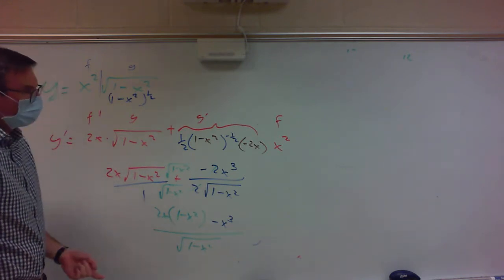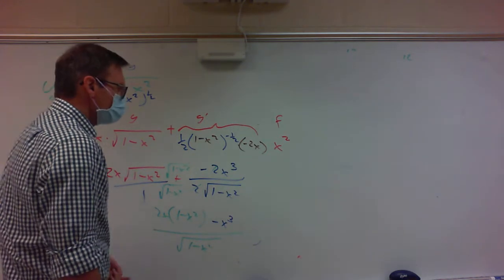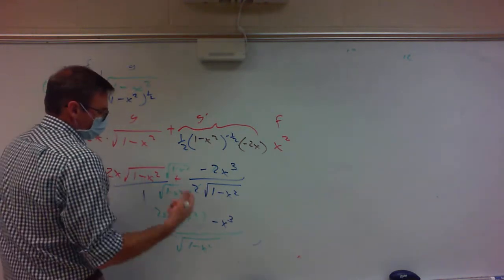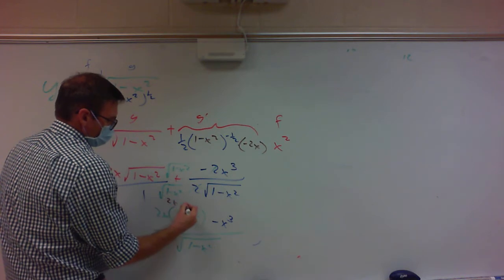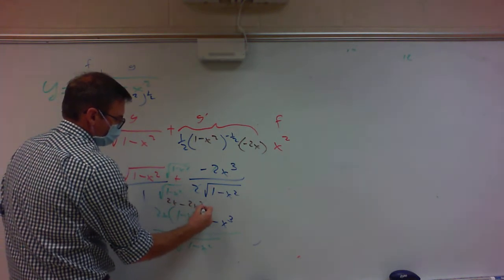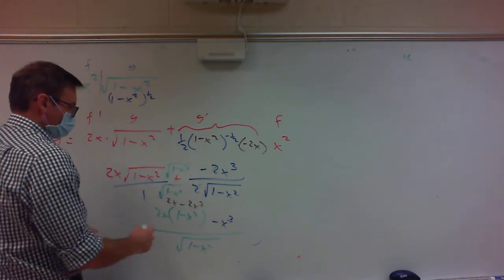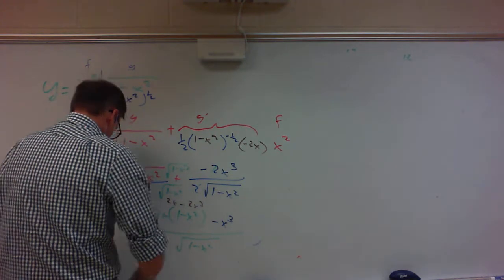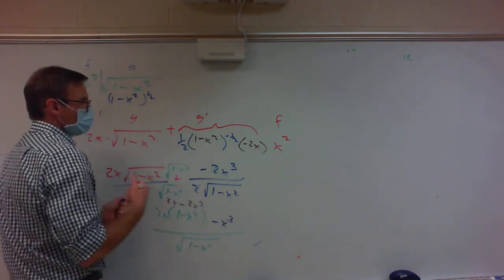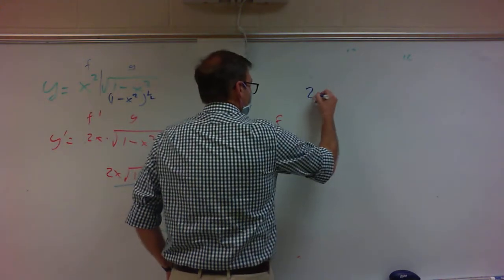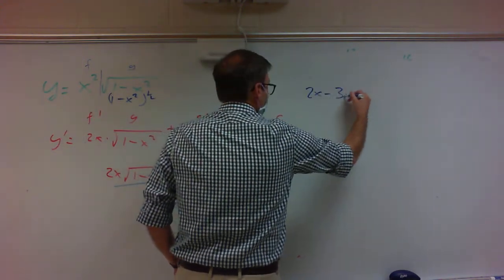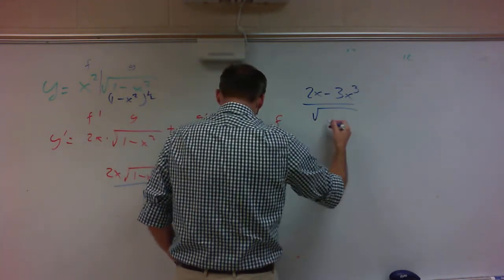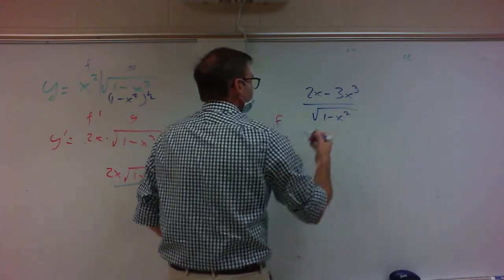And oh wait, that gets even simpler, because if I distribute the 2x, I get a 2x minus 2x cubed. And when I clean up the top, I end up with 2x minus 3x cubed all over the square root of 1 minus x squared.